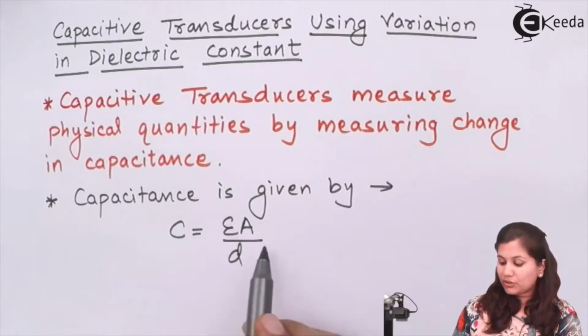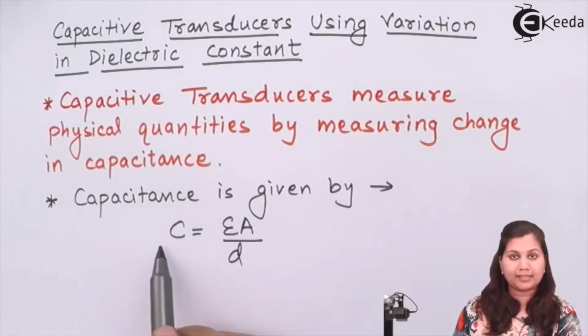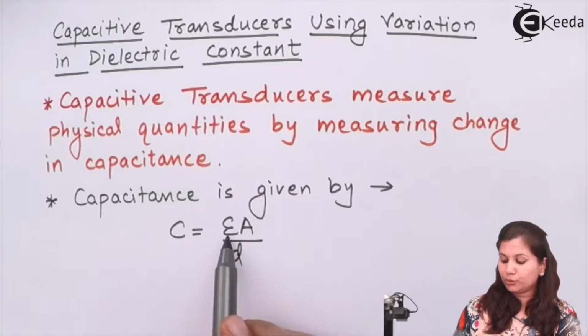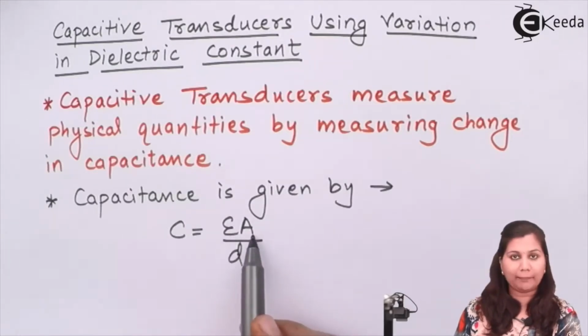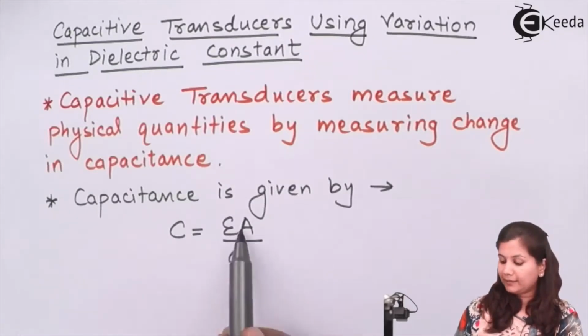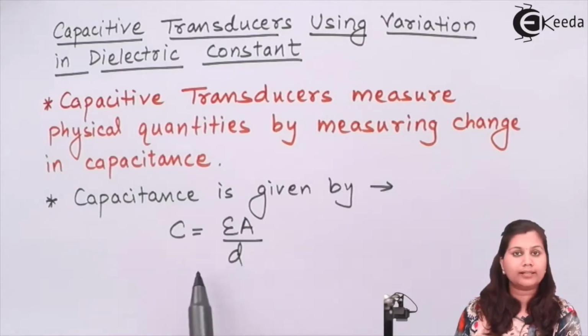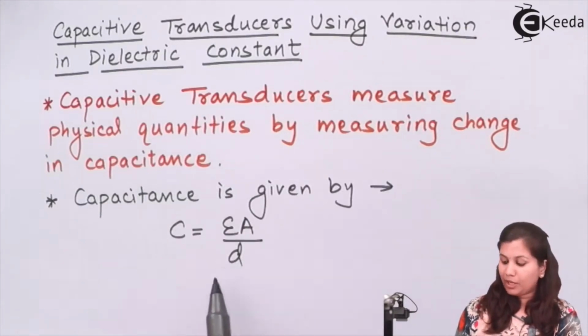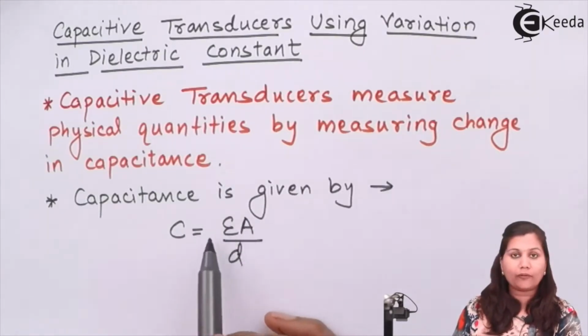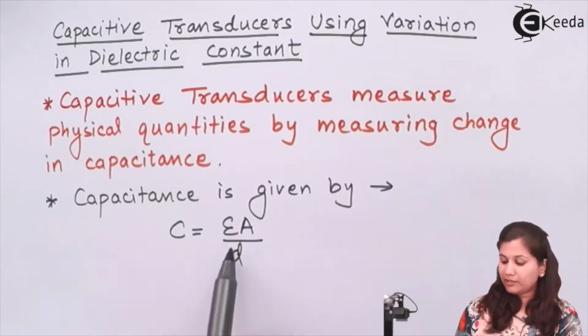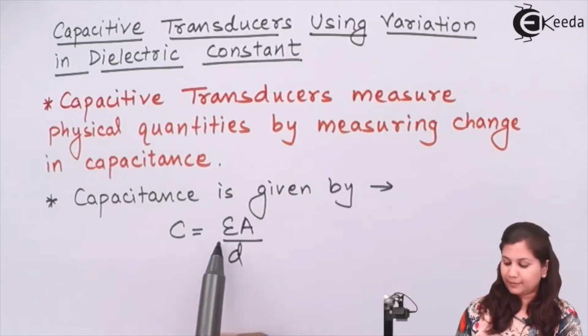So from this equation you can see that the capacitance is directly proportional to the permittivity and the overlapping area of the plates and inversely proportional to the distance between the plates. So when we are changing any of these three parameters, we are changing the capacitance.